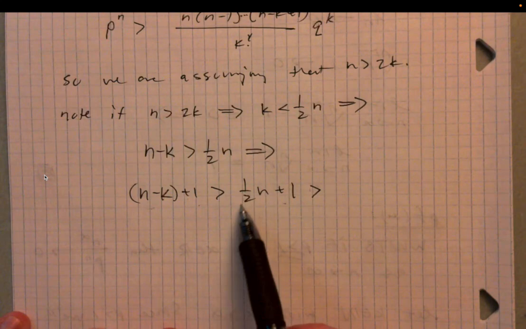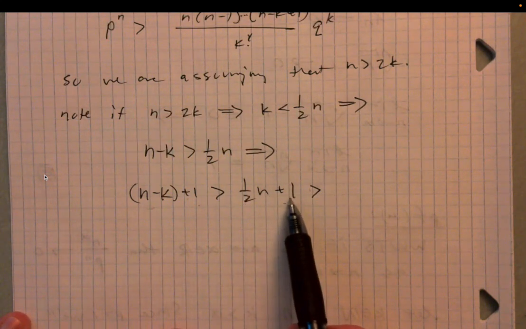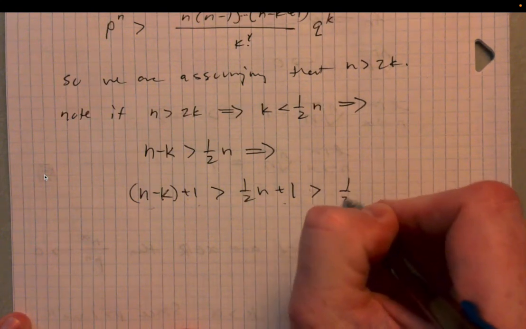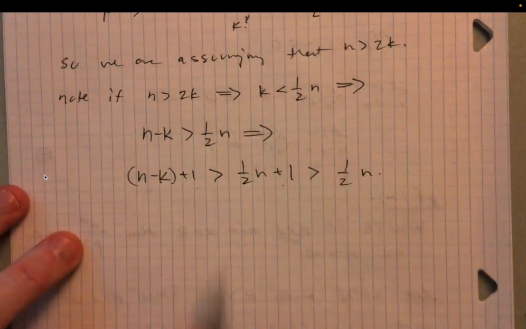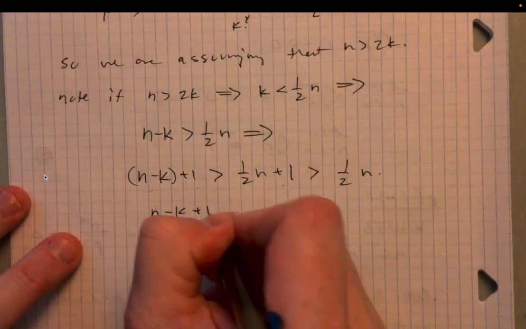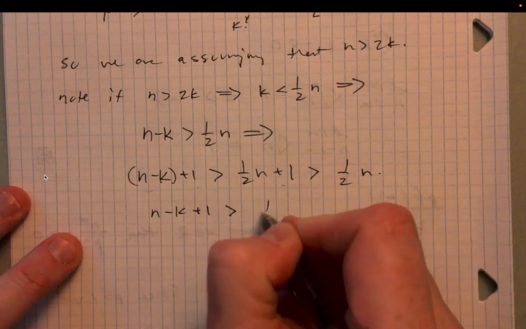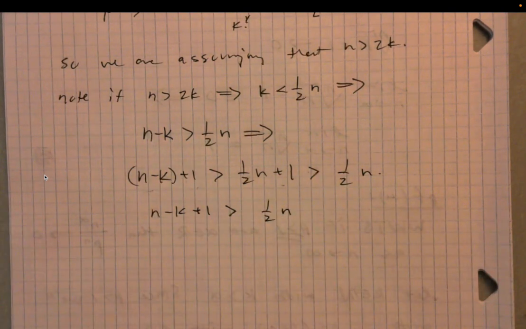So 1/2 n plus 1 is larger than 1/2 n. And that's what we really need from this, that n minus k plus 1 is larger than 1/2 n, so long as n is greater than 2k. That's the criteria up front.